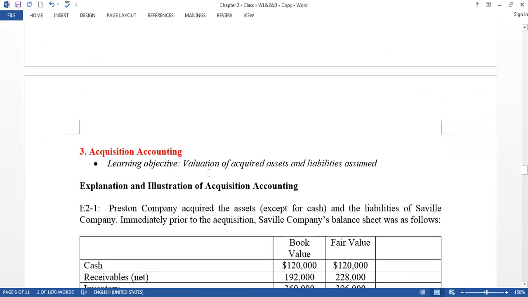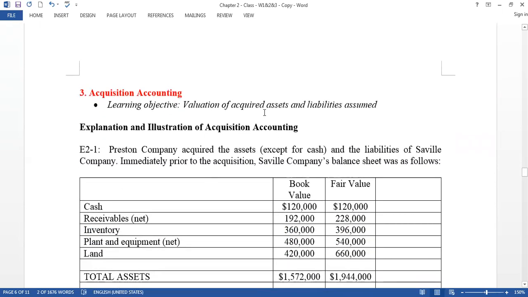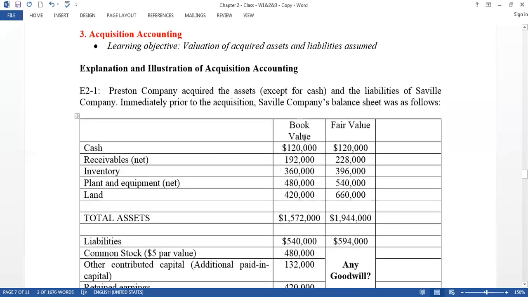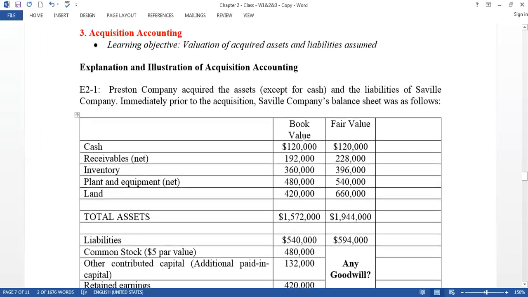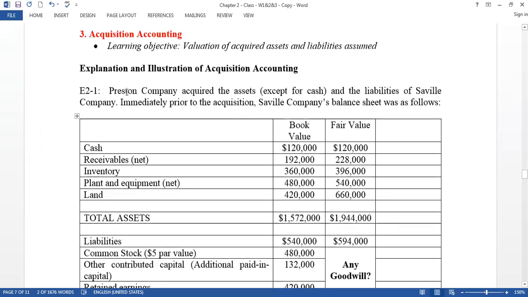Now let's see the acquisition accounting, the valuation of acquired assets and liabilities. We can do it by solving one question, that the Peterson company is the parent company.